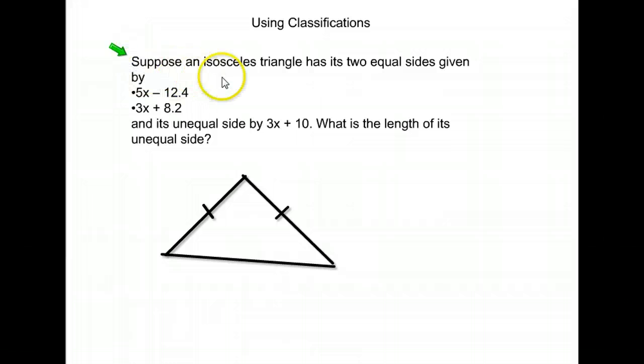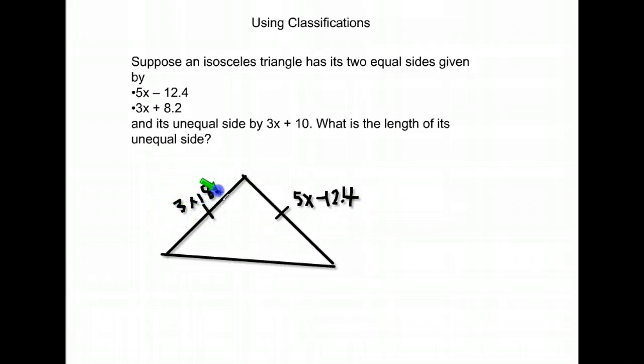It says, suppose in an isosceles triangle, it has two equal sides given by 5x minus 12.4 and 3x plus 8.2. So what they mean by that is you have an isosceles triangle, and we know that means it has two congruent sides. Specifically, they are the side length 5x minus 12.4 and 3x plus 8.2.